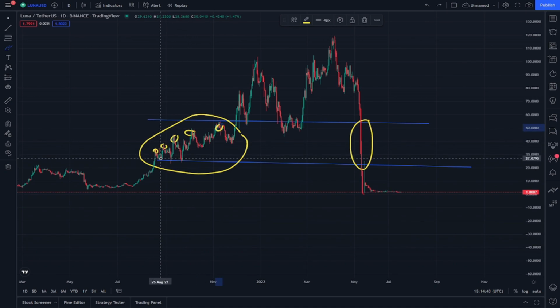It started from here and decreased 5 times, maybe 6 times. Okay, 6 times, but an increase 1, 2, 3, 4, 5, 6, 7, but the amount of the decrease is more than the amount of increase.